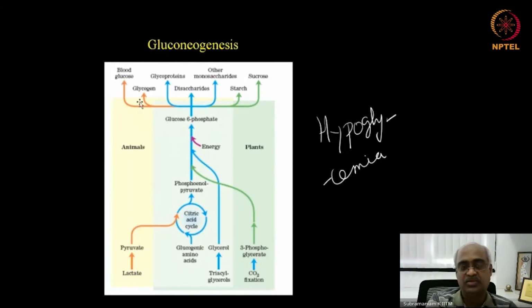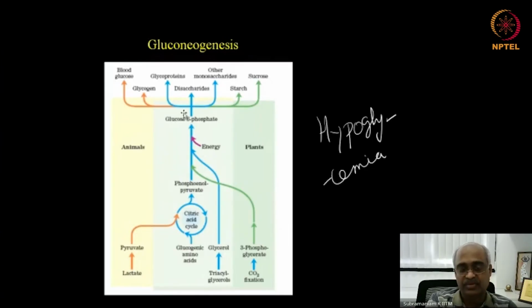Excess glucose produced even that way can become glycogen in the liver. And glycoproteins, we know what they are and what their use is. Disaccharides like lactose in the mammary gland, or sucrose, maltose, all of that. Other monosaccharides, and in plants, of course, starch and sucrose.